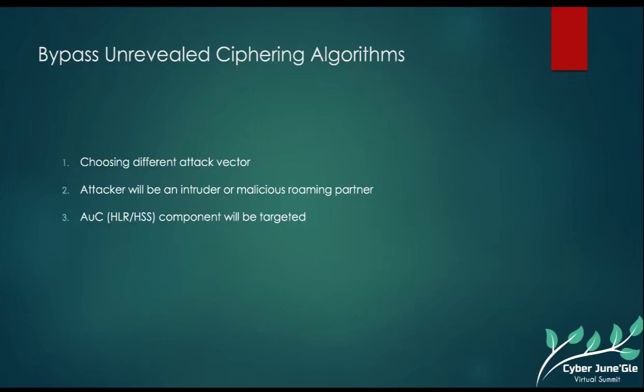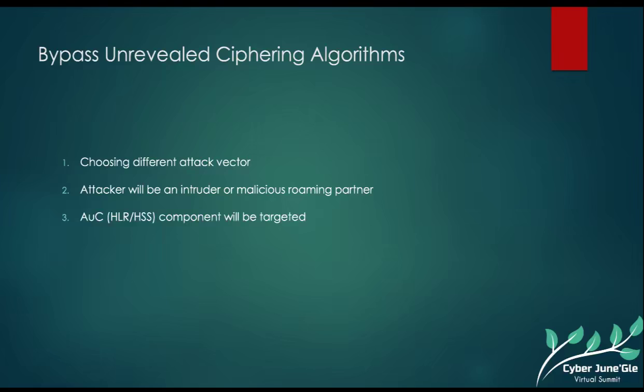To bypass and get this information, we are going to target AUC in HLR HSS. Please note that when I'm talking about HLR, it means the traditional node in, for example, 2G GSM or even UMTS.